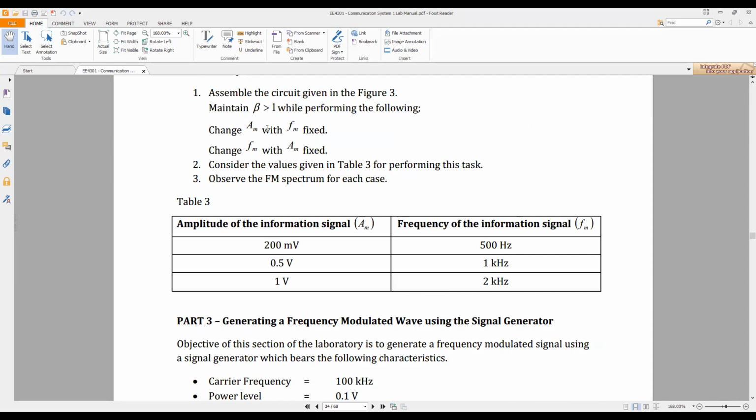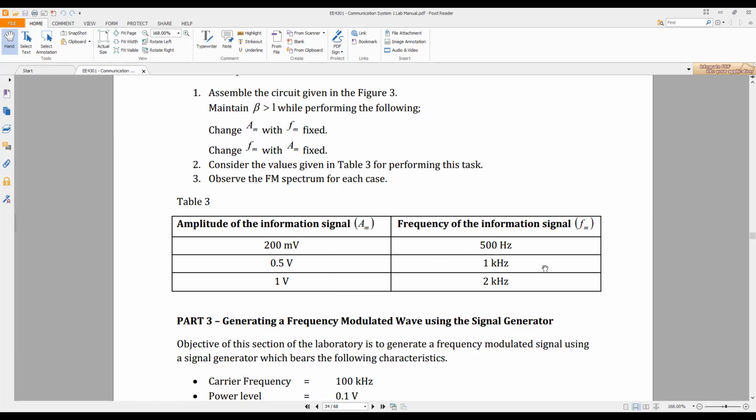They say to keep the amplitude constant and change the frequency, and then keep the frequency constant and change the amplitude. Here amplitude is the voltage value because it's a voltage signal.